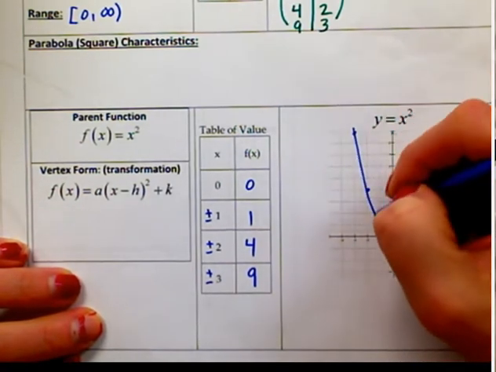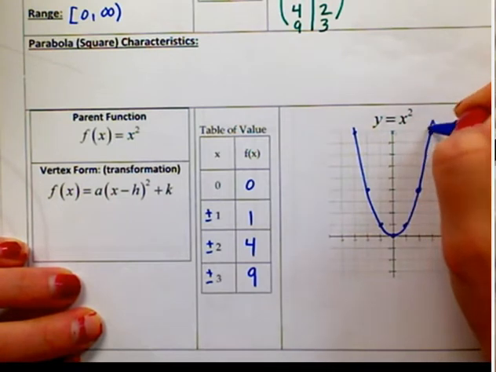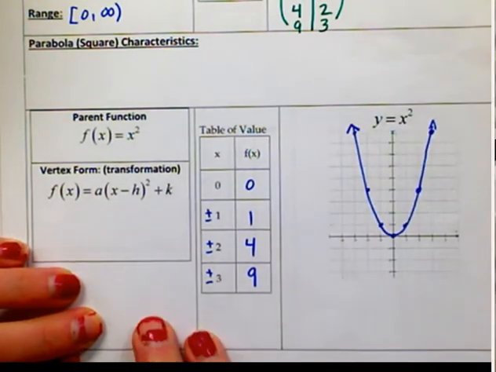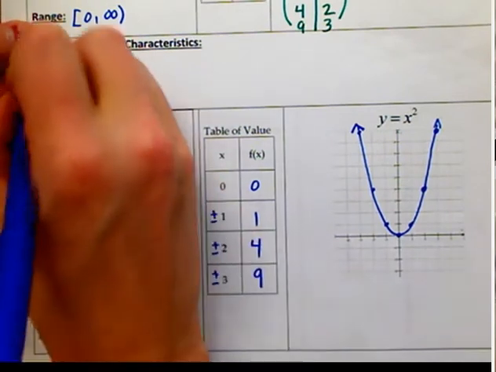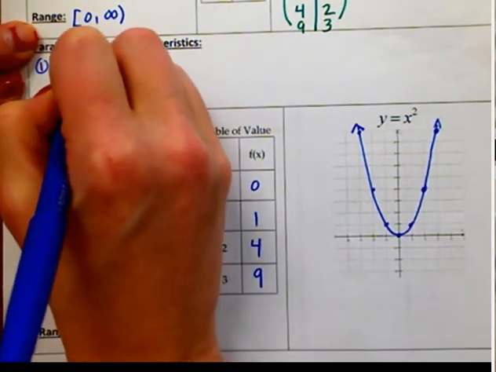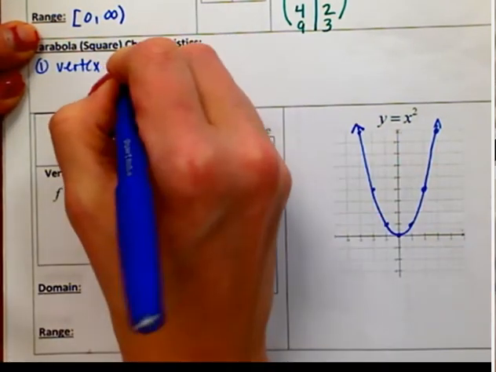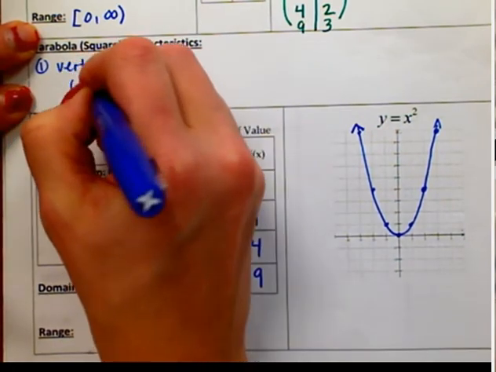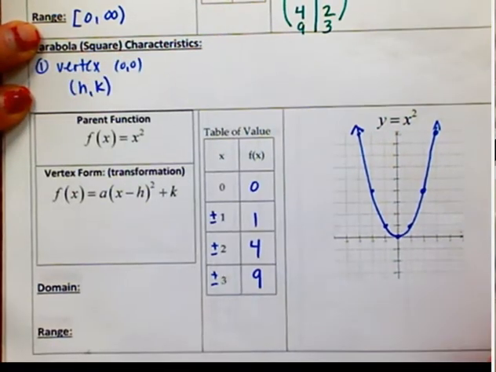And draw. Okay, so in this particular case, we have a vertex. And here it's 0, 0, but it is also HK.